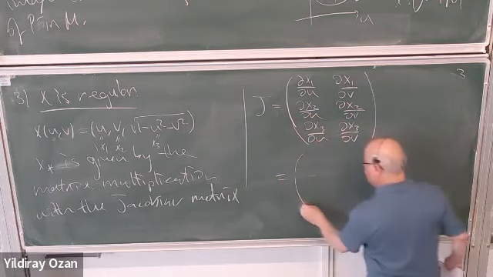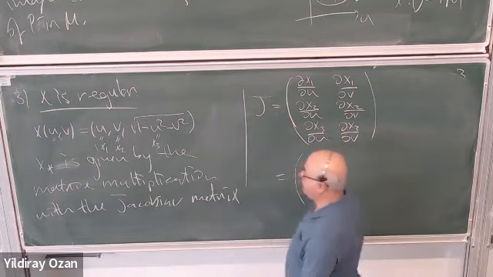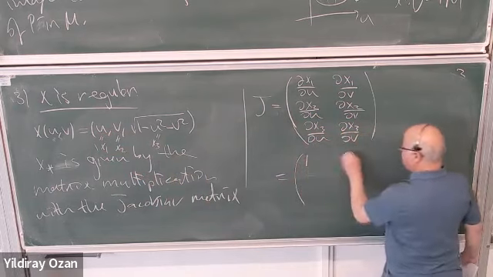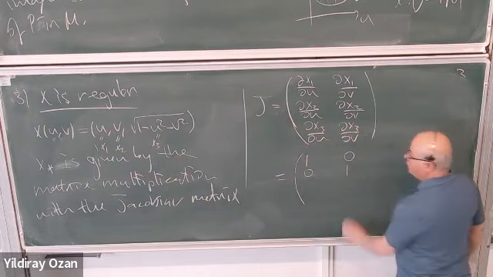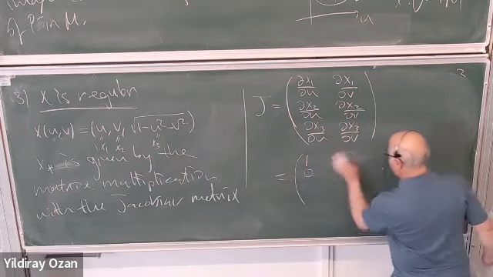And if you do the computation, what are the derivatives of these functions with respect to u and v? So this will give me 1 and then 0. The second one is 0 and then 1. And the x3 row is the derivatives of the third coordinate.